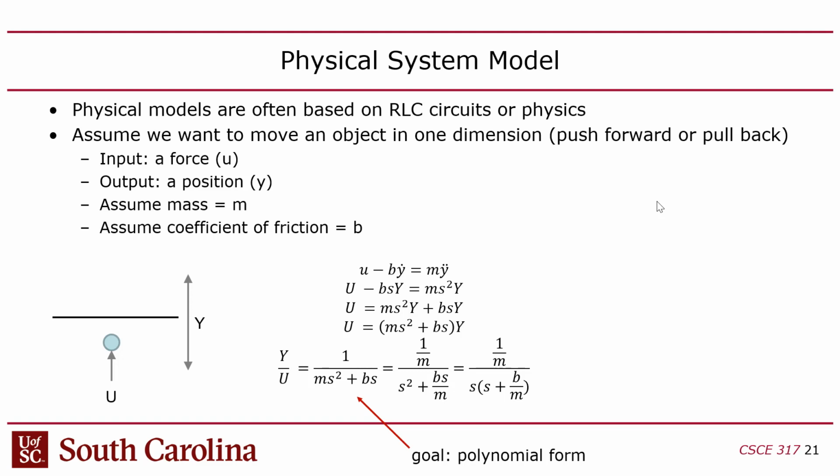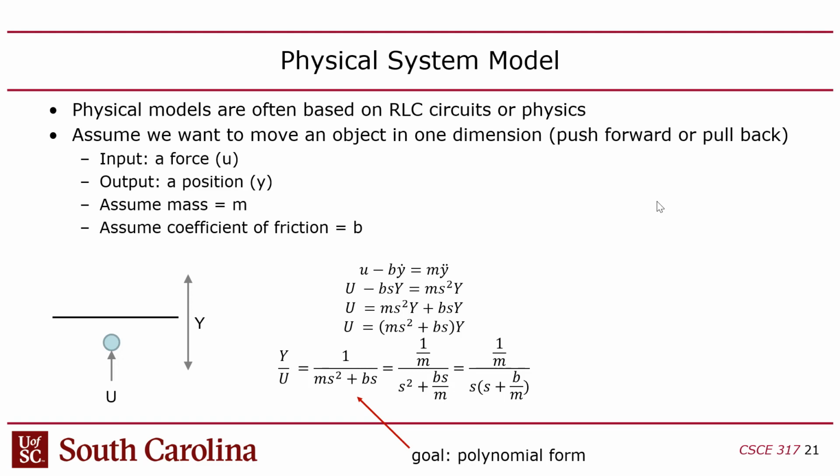And then I want to create a transfer function for this. So in order to do that, I have to rearrange the terms so I get the output divided by the input, right? What's the output? The output is y, the position, right? And the input is the force I want to push the coin with, right?